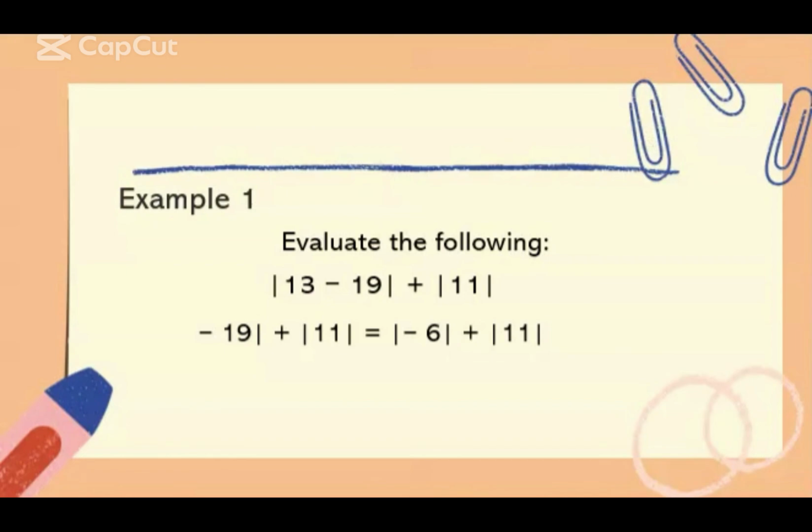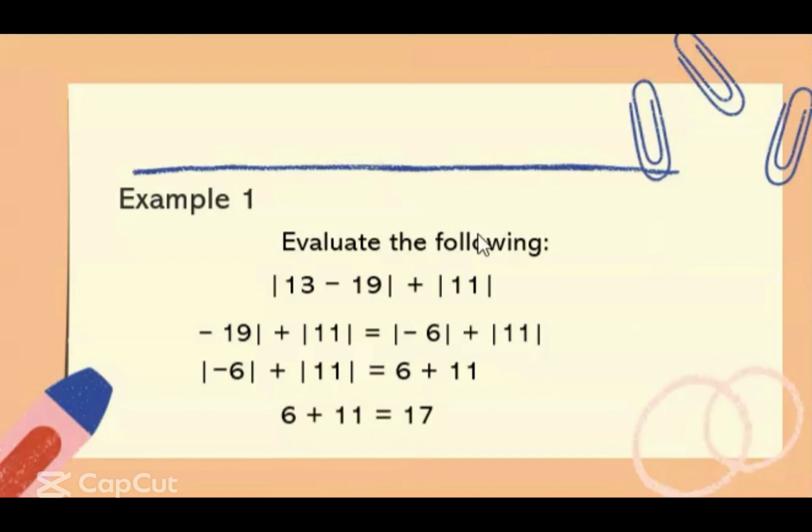How about the absolute value of 11? 11 po. So now we have 6 plus 11. So evaluating this, our answer will be, okay, 17. Okay, naunawaan po.